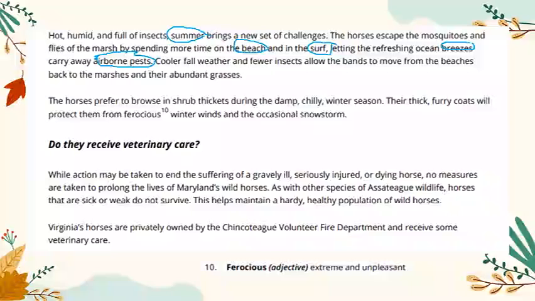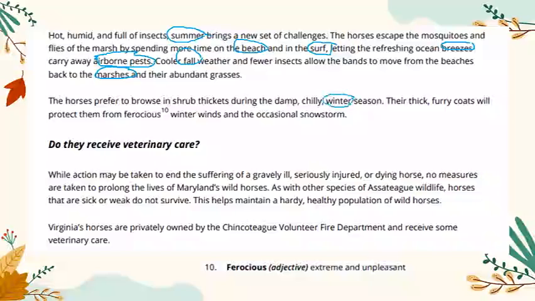I guess that would happen if the breeze is heavy and, on the beach, you tend to have a pretty good breeze. Cooler fall weather, okay, there's another season, and fewer insects allow the bands to move from the beaches back to the marshes and their abundant grasses. Okay, so it seems to me like they kind of shift around depending on the season and the weather. The horses prefer to browse in shrub thickets during the damp, chilly winter season.